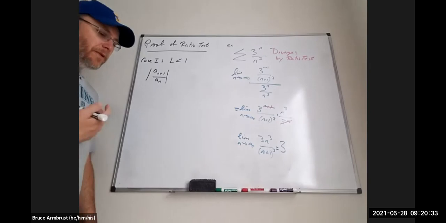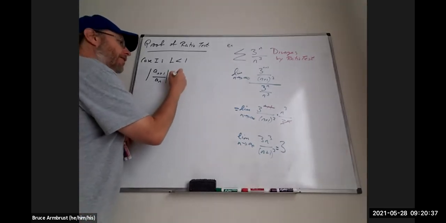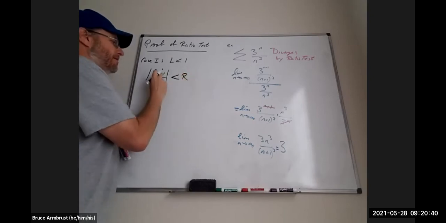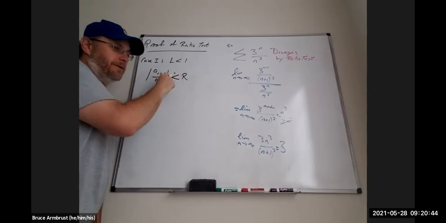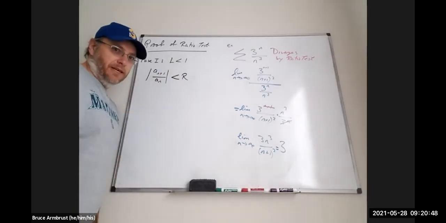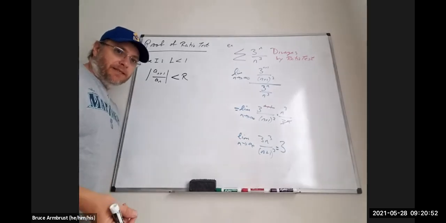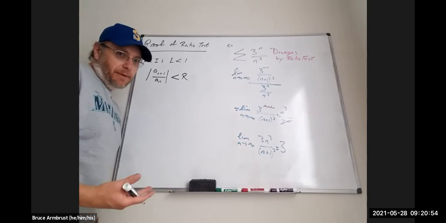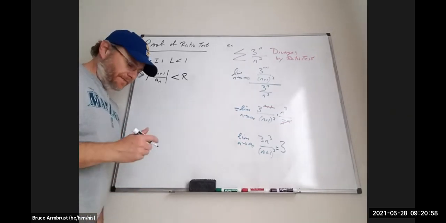And so what I'm going to say then is that there is some number R that this is going to be less than. That R is going to be very close to L, right? Is it bigger than L? Maybe. Is it smaller than L? Maybe. But regardless, it's really, really close.